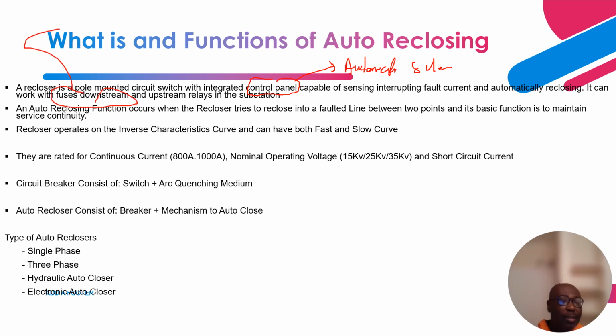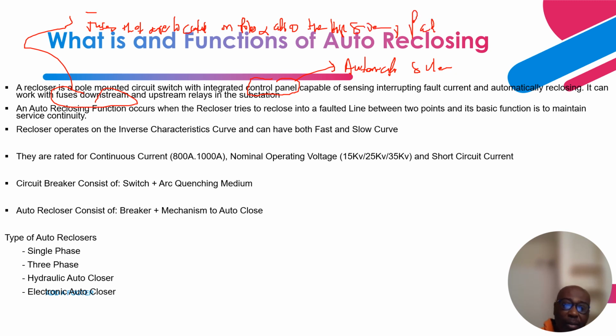So you can have fuses that are located on poles and also on the high side of pad-mounted transformers. Okay, so basically you can have pad-mounted transformers that are located in proximity to the customers.